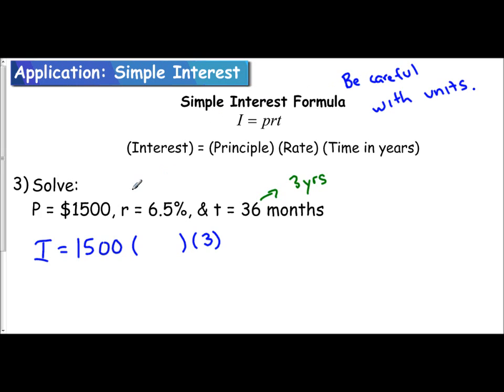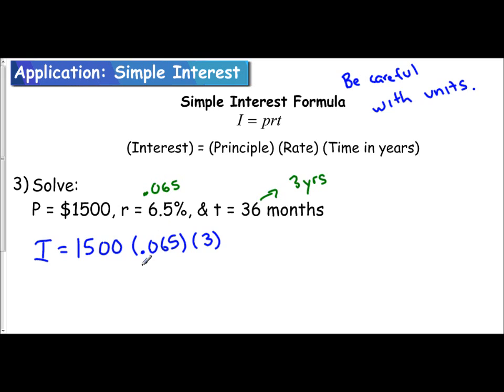And the reason why I skipped over my rate is for the same reason: when you're dealing with percents, yes, it's 6.5%, but when you're doing calculations with percentages, you need to remember to convert your percent to a decimal. So 6.5% is actually 0.065.